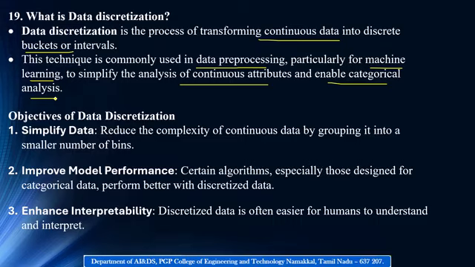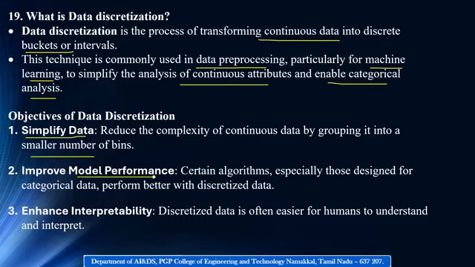Then, what is the objective of discretization? First, simplifying the data. If you have very continuous data, analyzing it will be difficult, so we go for grouping. We convert the large continuous data set into smaller bits. Then, improving model performance.